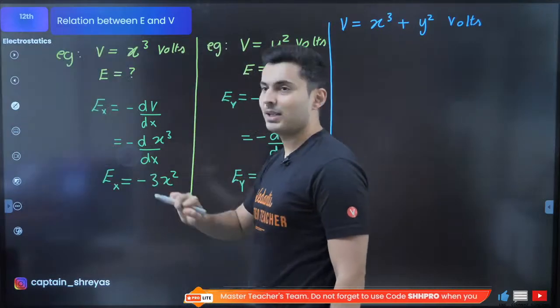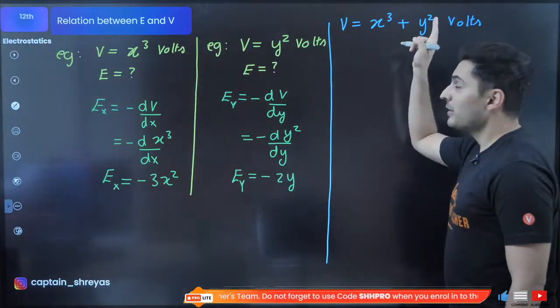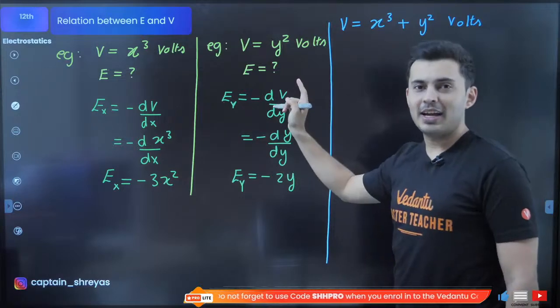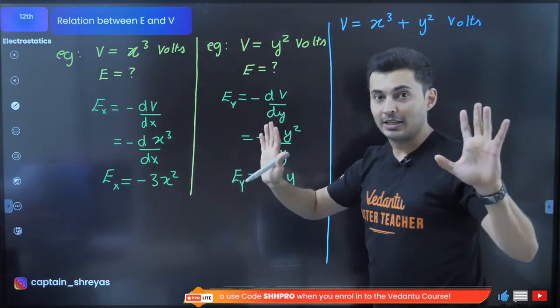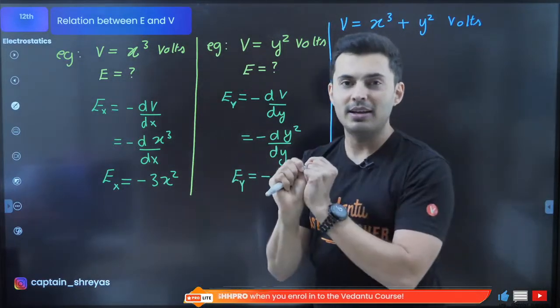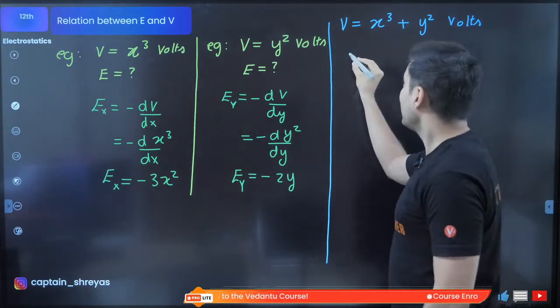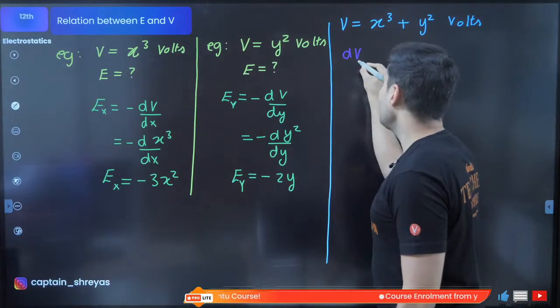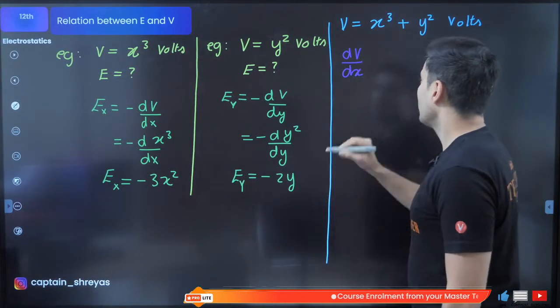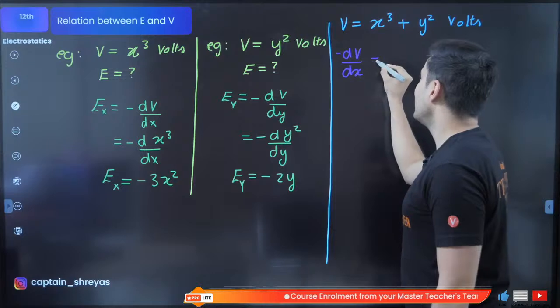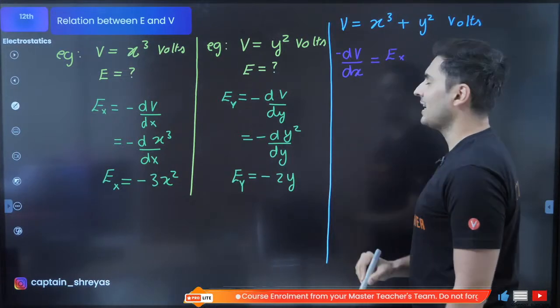What will you do now in this case? Think. Now you cannot differentiate with x or y collectively, but you can differentiate it separately to find each component separately. So if I find dV by dx with negative sign, that is only going to give me the electric field in the x-axis.